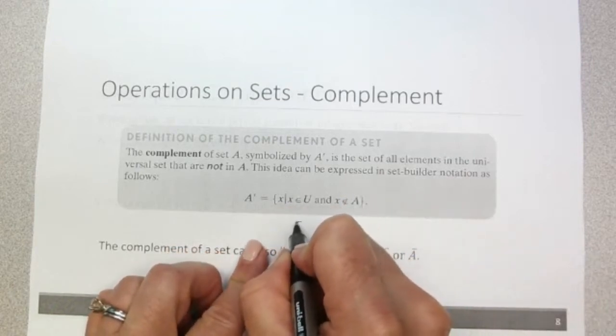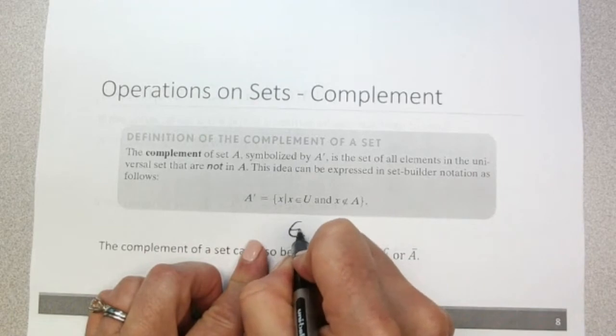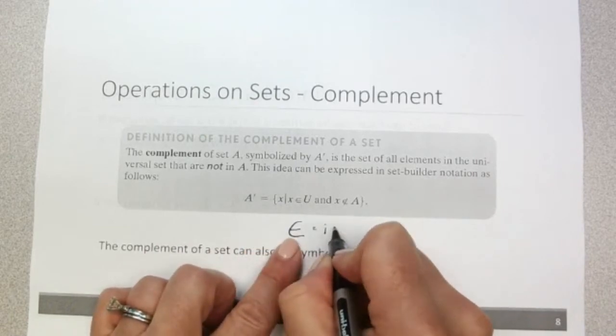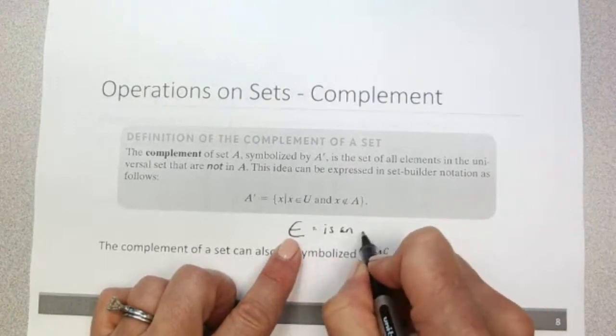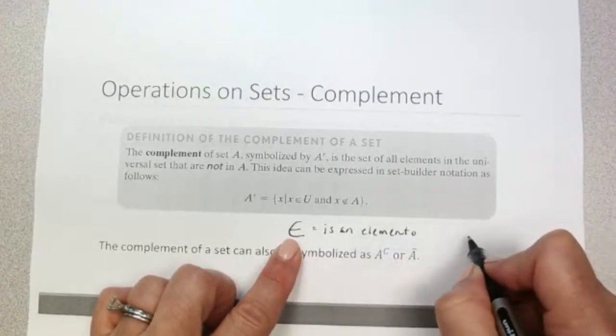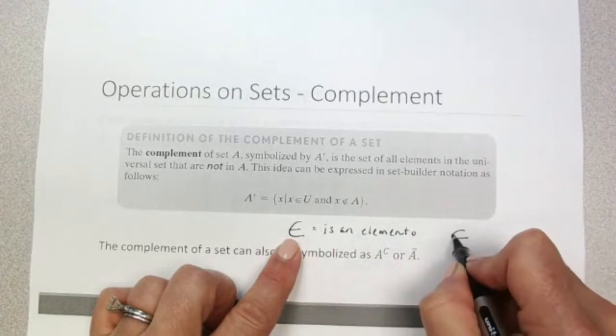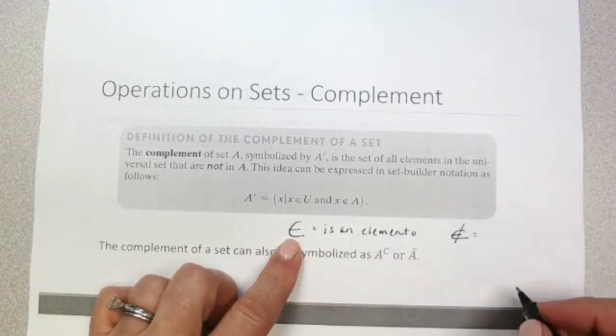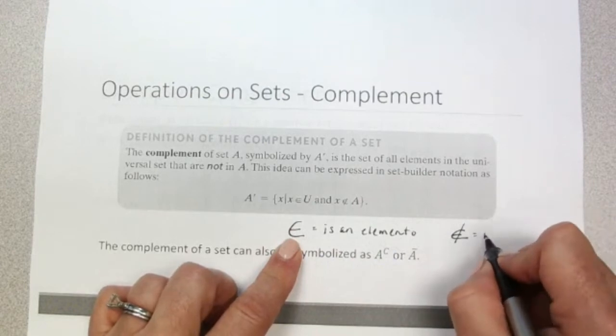This one almost looks like a rounded out E. This means "is an element of." And then there's also that rounded out E with the line through it. This means "is not an element of."